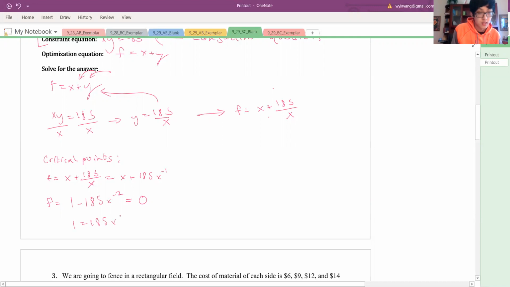So 1 equals 185 x to the negative 2, and this is equal to 185 over x squared. Right, so then I can multiply both sides by x squared. So then I get x squared is equal to 185, which then tells us that x is equal to root 185.